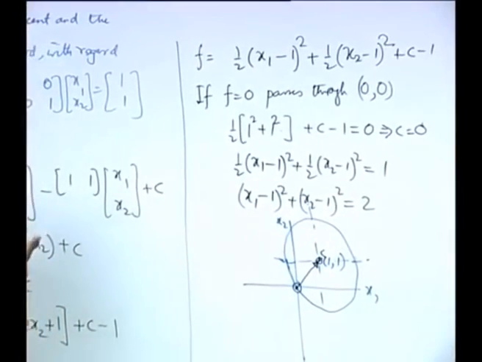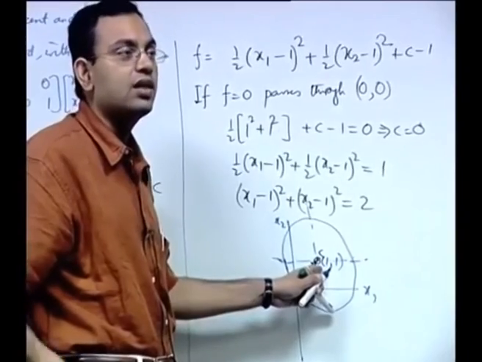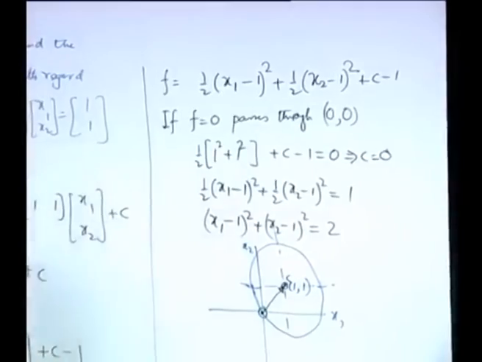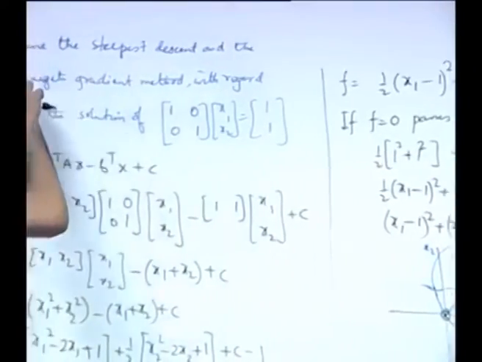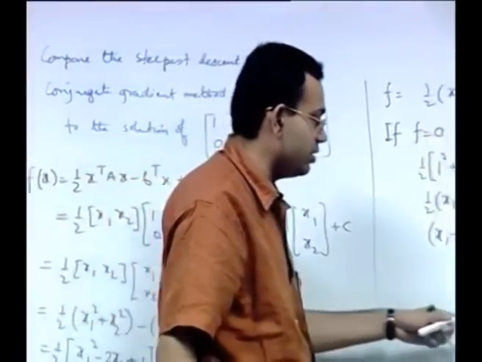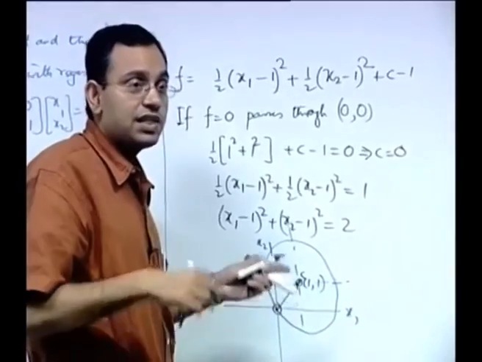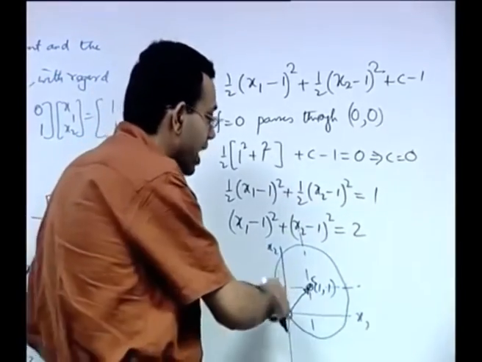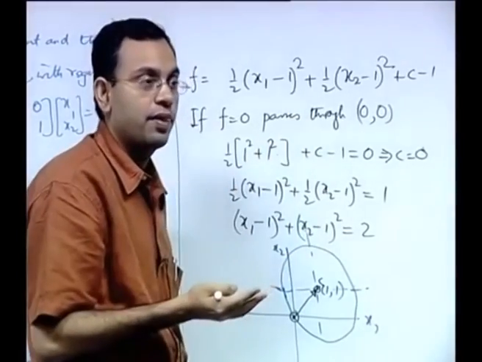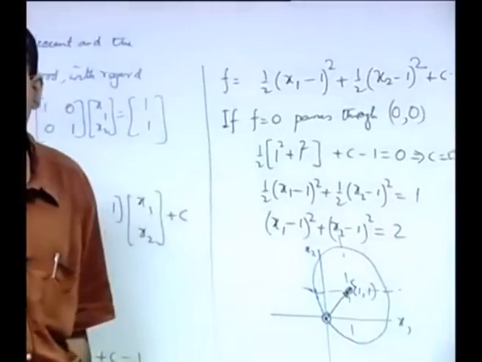Because in one step you are able to reach your goal, the steepest descent and the conjugate gradient method for this case will be identical. So when you say compare the steepest descent and the conjugate gradient methods with regard to the solution of this, they are absolutely identical, because in this special case you are lucky enough to have a circle where the normal direction and the radial direction are the same, so that you reach the center in one shot.